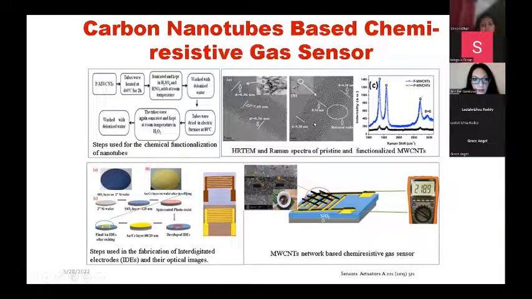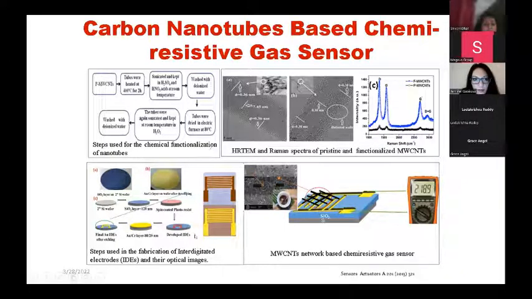And these are some images that make clear that after the functionalization of the CNT, defects appear, and we can say the defect is considered as the attachment of functional groups on the CNTs. The Raman spectra also make clear that after the functionalization, the intensity of the D and G bands shows the attachment of functional groups on the CNTs, and with the appearance of the G' band, the electrical conductivity of the functionalized CNTs improved.